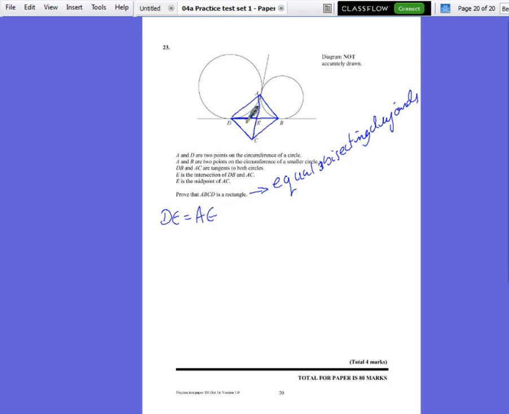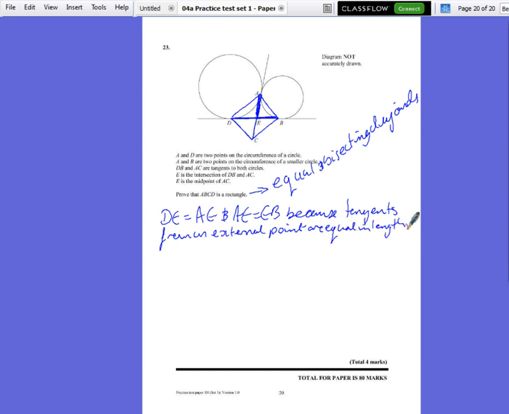So DE is equal to AE, and also AE is equal to EB, because tangents from an external point are equal in length. And also therefore DE equals EB, doesn't it? Because all those three sides are the same length.